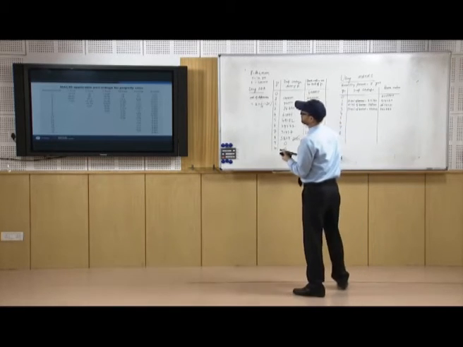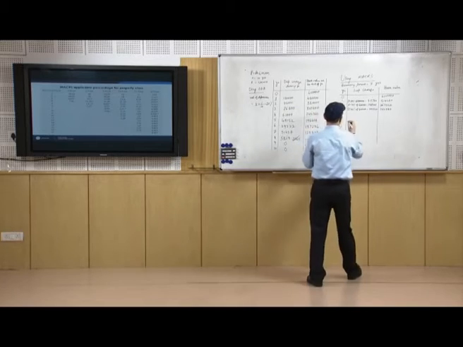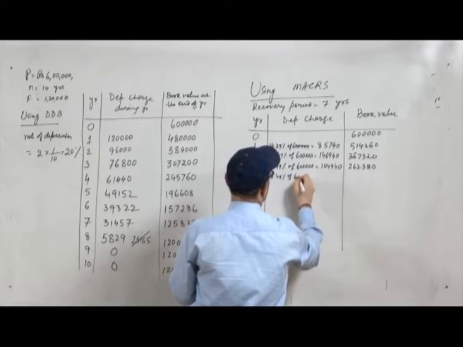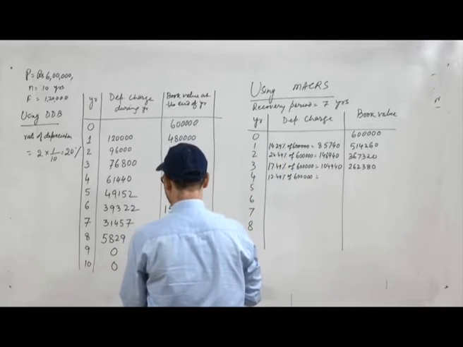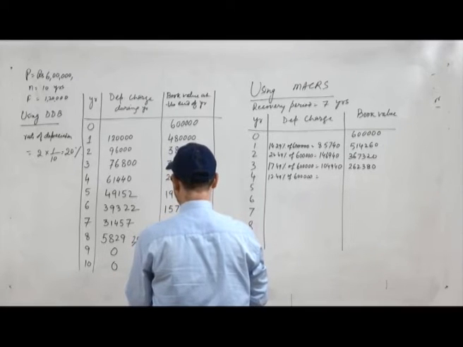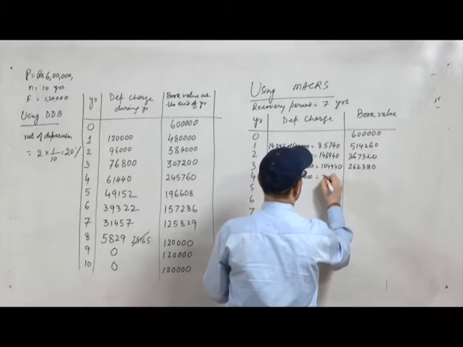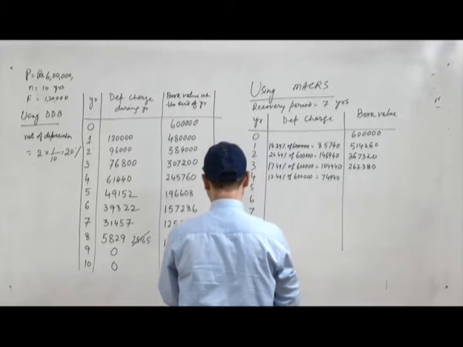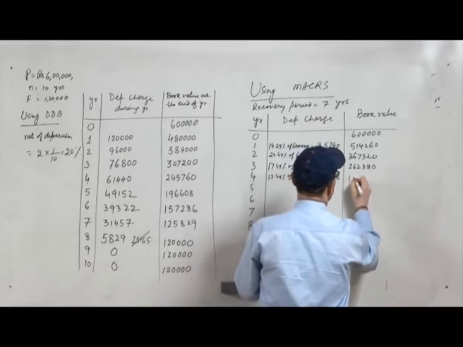So, in the fourth year it will be 12.49% of 6 lakh. It is 74,940 subtracted from 262,380, it is 187,440.